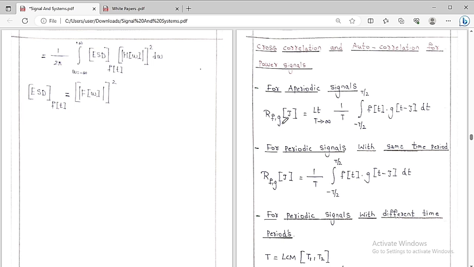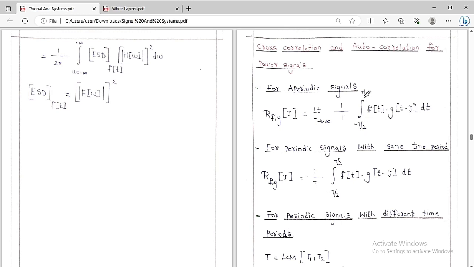Therefore, the cross correlation of the two different functions f and g is equal to the limit as T tends to infinity of 1 by T times the integration over one time period of f of t into g of t minus tau dt. If you see clearly the difference between the previous case and here, there we integrated from minus infinity to plus infinity.